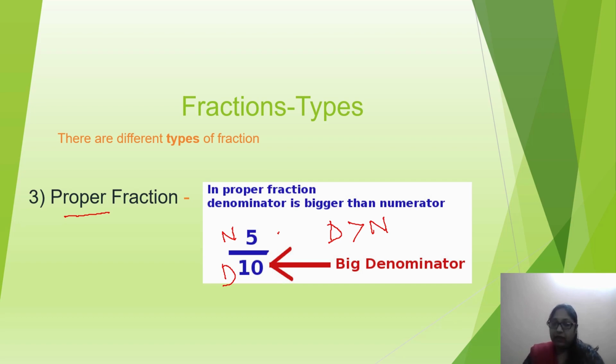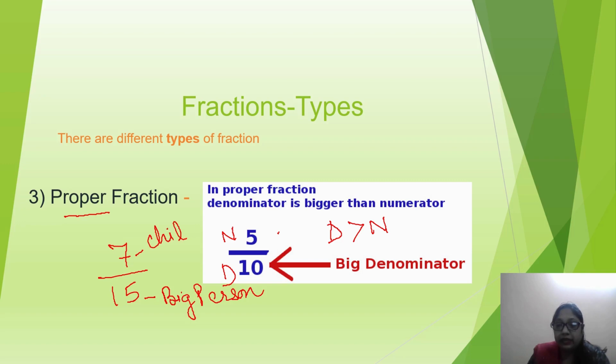So in the same way, denominator, which is big, and the numerator, which is smaller, it looks proper. Suppose this one is representing a big person and the numerator is representing the child. It is easy to go. So this is called the proper fraction.